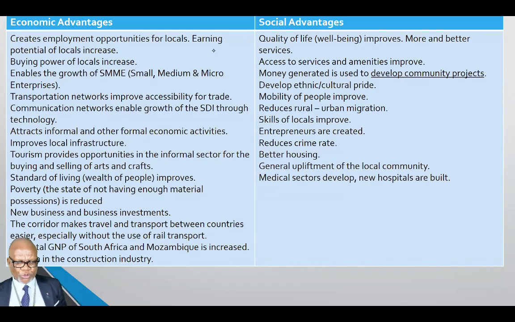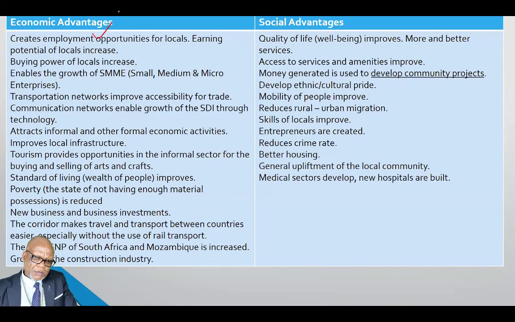So all you need to do is look at what the benefits are. Everything here is what we have repeated from the beginning. So they have similar economic advantages. Now let's look at these advantages.